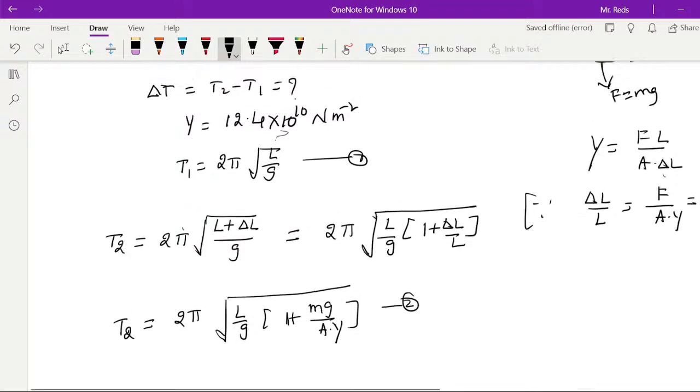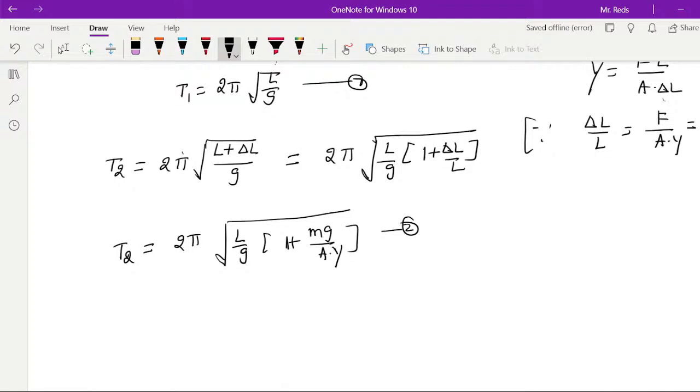Now as you are asked to find T2 minus T1, the change in time period, how to do this? Delta T is equal to T2 minus T1. Some terms we can keep common: 2 pi and root L by g are common.